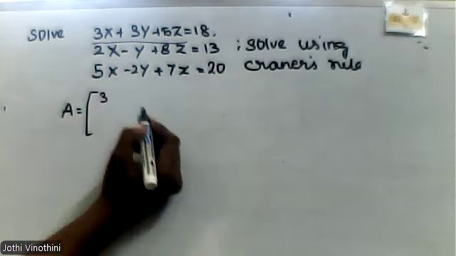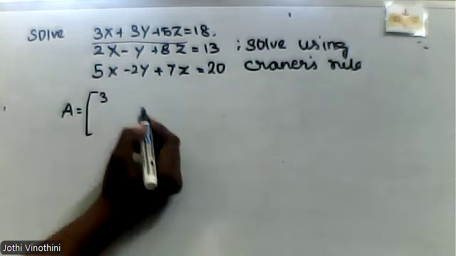Now we have already found del. So what is del? Del equals 136. Now I am going to find del 1. As I said already, del is a determinant. Del 1 is also a determinant of the same matrix as del, but we replace column 1 with other elements.